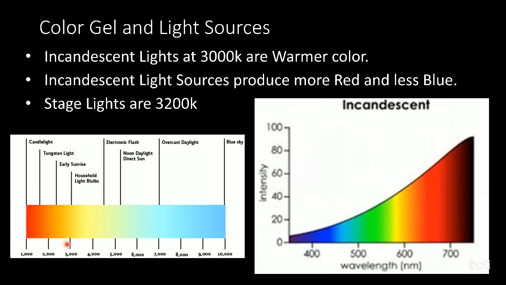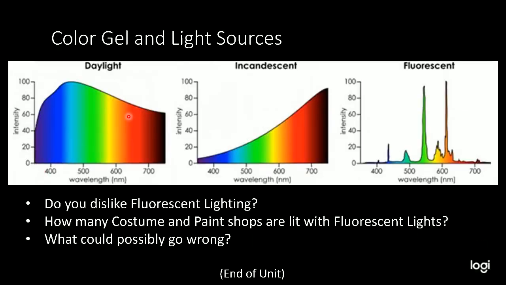An incandescent light bulb usually lives in the 2,800 to 3,500 degrees Kelvin range, which is warmer along our Kelvin scale, which means there's more red energy than blue energy. Most stage light lamps are listed at 3,200 degrees Kelvin, which is right in here. So that's our daylight graph, and this is our incandescent graph.